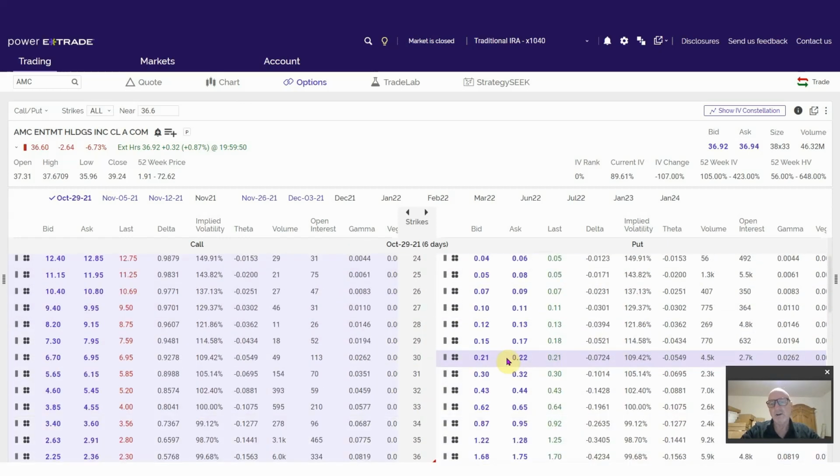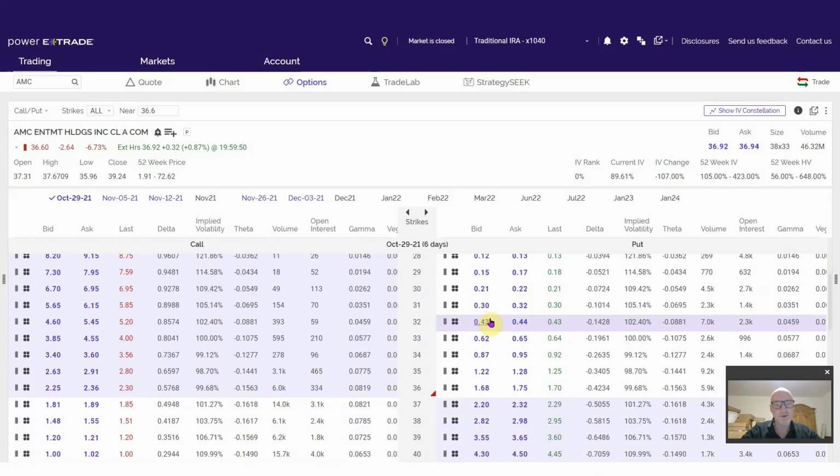Now I want to show something, the most important thing to me, which if you were following me on Twitter, you would for sure hear all about: velocity. Over here there's the volume. At that point it was 46.32 million.